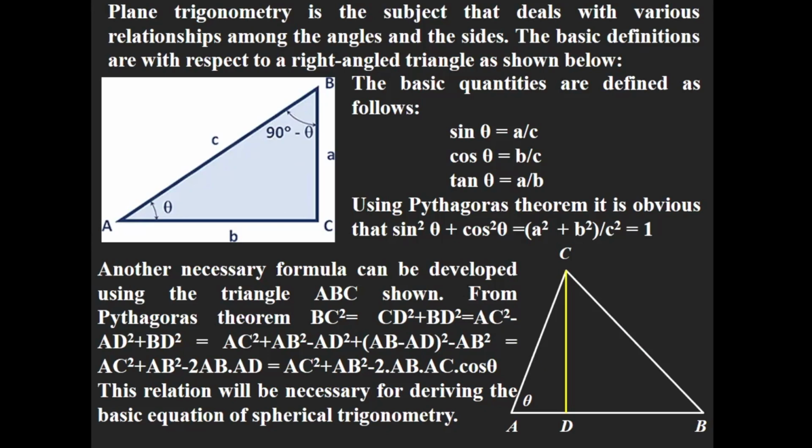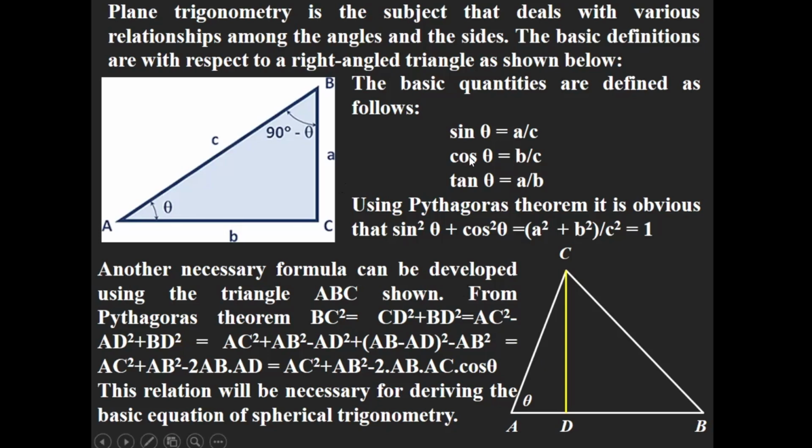Now, what are the basic definitions? If this angle is theta, then the ratio of BC divided by AB, that is small a by small c, is defined as sine theta. That's the definition. And the ratio of the horizontal, that is this length b, and the hypotenuse c, is called the cosine theta.